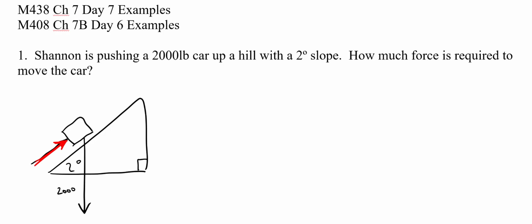So here's the deal. If you remember, I told you that you can take a vector and move it anywhere you want as long as it points the same direction and has the same magnitude. So that red vector right there, I'm going to move right to here. It's parallel to it and has the same magnitude. Everything looks good. Now I'm going to complete this picture, and this is the picture you have to draw.